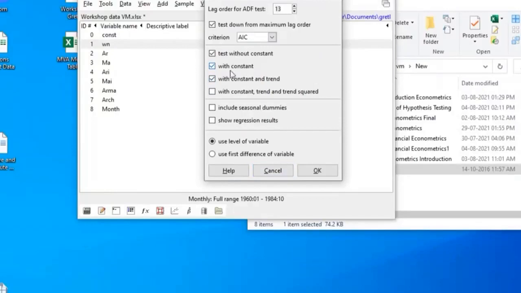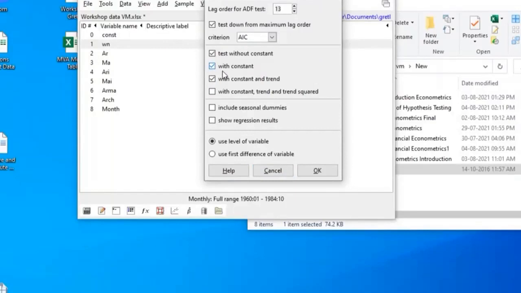Because if we have a case with constant, then there will be a trend with that. Do you remember a random walk process with a constant? It is called a random walk with drift. That drift is a trend. So with constant means it will generate a stochastic trend.